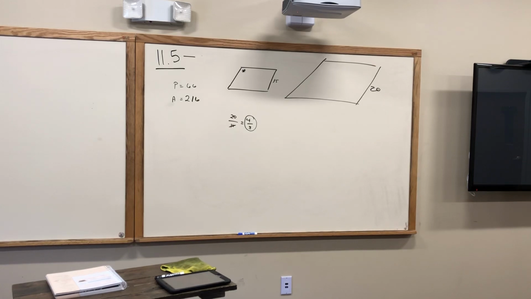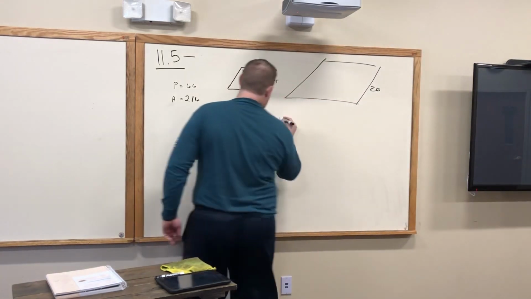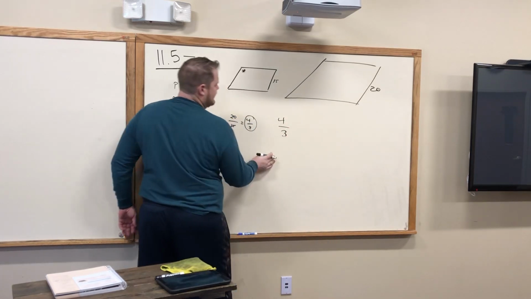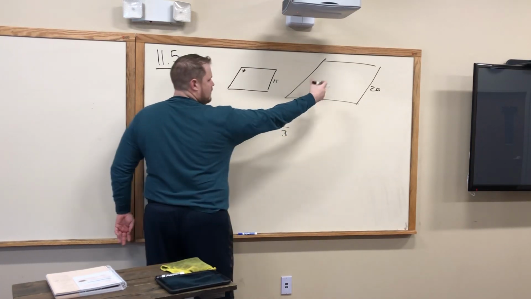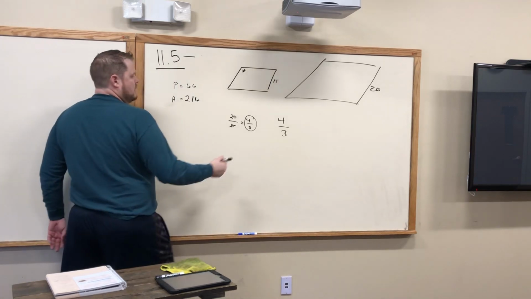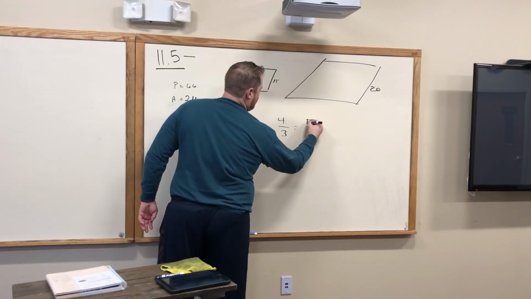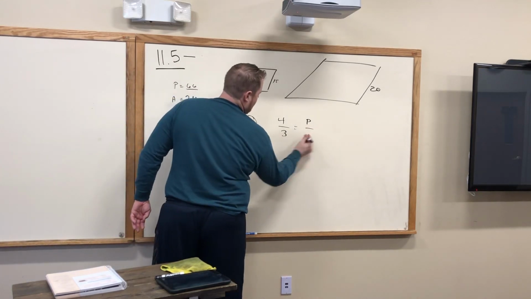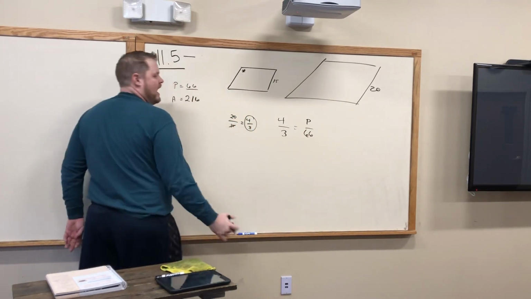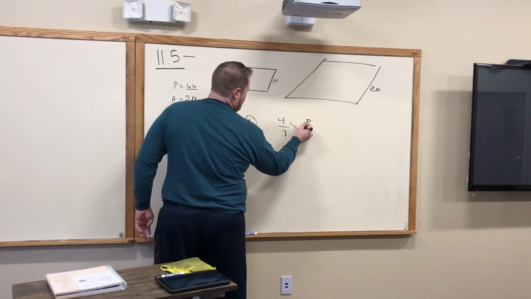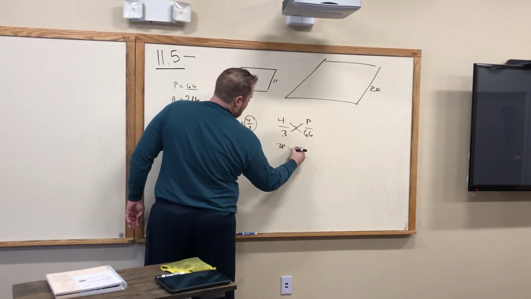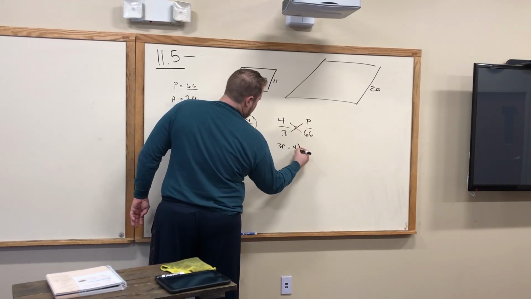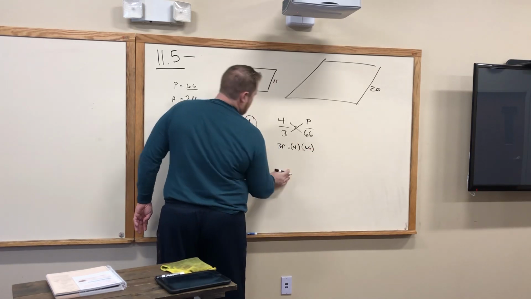Now, so if I have my proportion 4/3, and I want, okay, so 4 goes with this one, the bigger one, right? So we're looking for the perimeter of the bigger one. Does everybody follow that? And we have a smaller one, which goes with a smaller number down here, 66. Now what do I do? Well, I simply do my 3p equals 4 times 66.